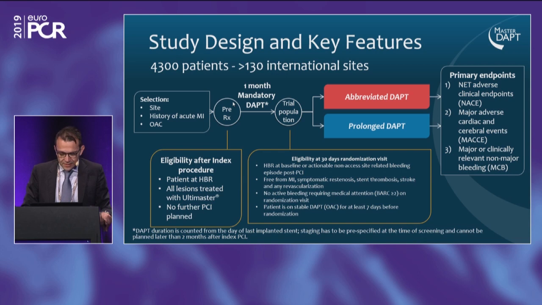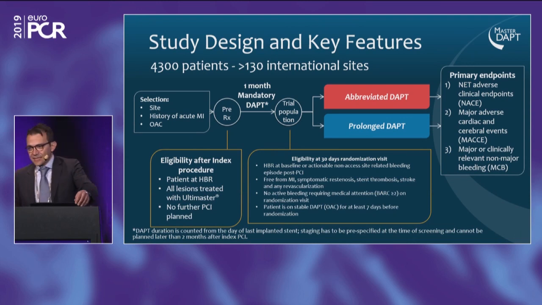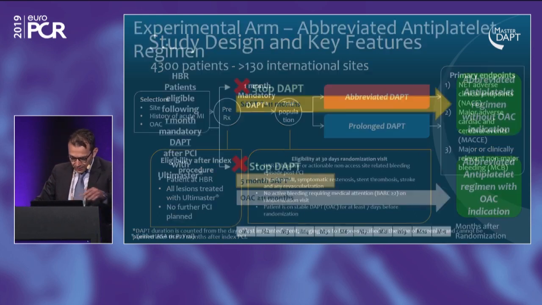Then the patient, as long as is consenting into the study, enters a so-called run-in phase, consisting of 1 month of mandatory DPT, and then the patient really gets into the study with the random allocation according to a 1:1 ratio to either abbreviated DPT or prolonged DPT, with the primary endpoints being NACE on a non-inferiority endpoint, if met, MACE on a non-inferiority endpoint, and finally, if met, major or clinically relevant non-major bleeding, which will be tested, in fact, on a superiority endpoint.